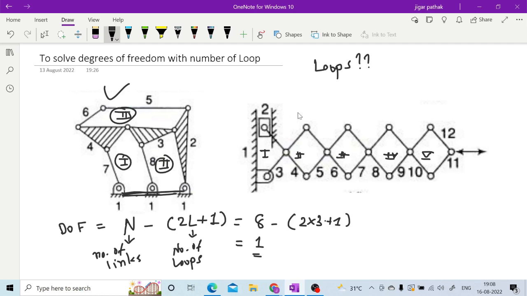So here in the second one, the number of loops is 5. The degree of freedom for the second one will be number of links minus 2l plus 1. Here the number of links is 12, minus 2 into the number of loops, 5, plus 1.